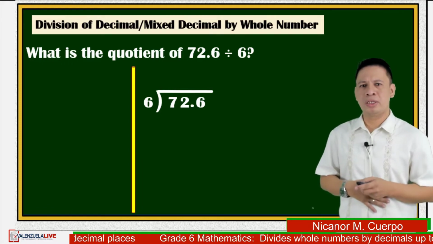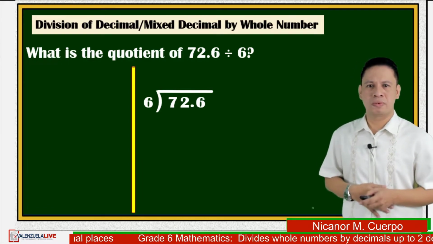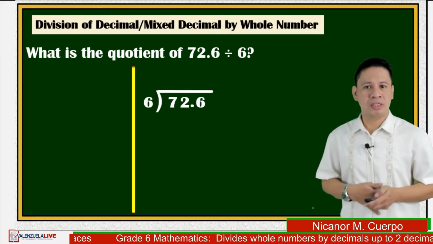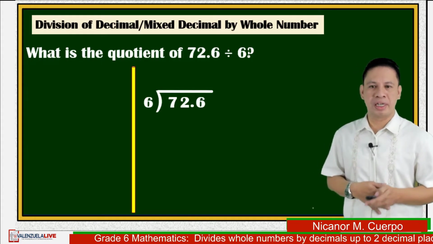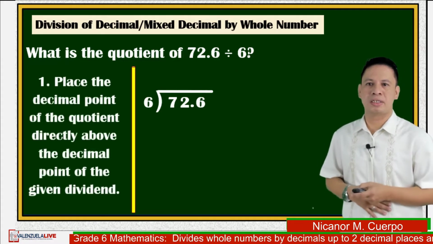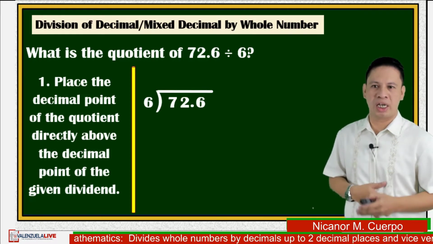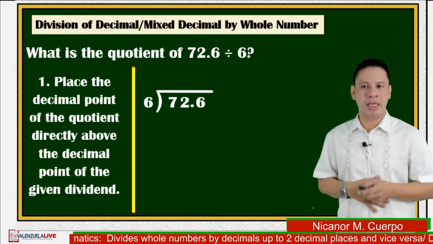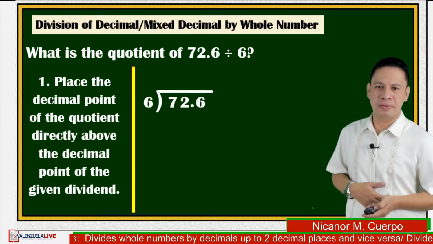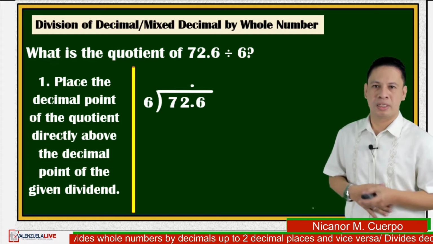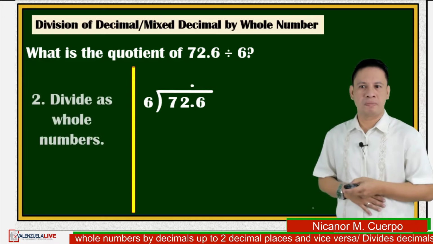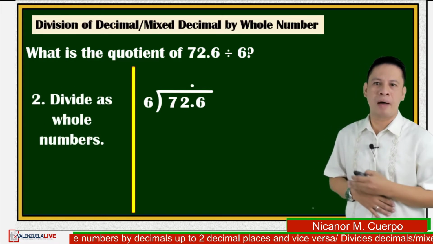Now, what did you notice with our divisor? Correct. It is already a whole number. If that is the case, the first thing to do is to place the decimal point of the quotient directly above the decimal point of the given dividend. So that's it. Next step is to divide as whole numbers.